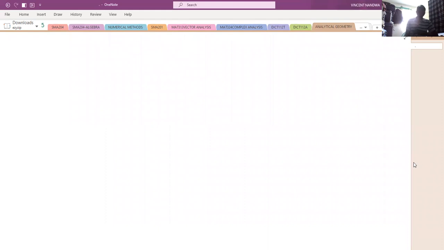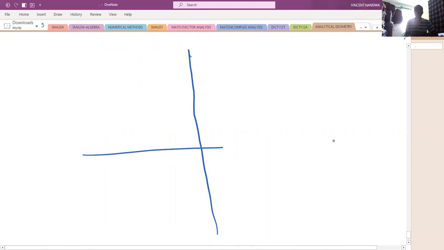So similarly, if I have case b, where the transverse axis is the y-axis, then this is what we have.